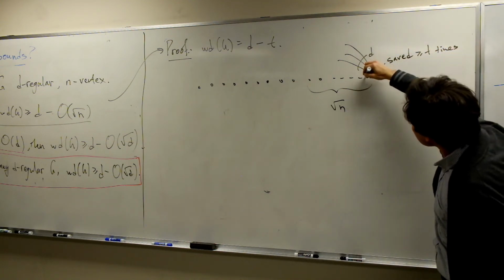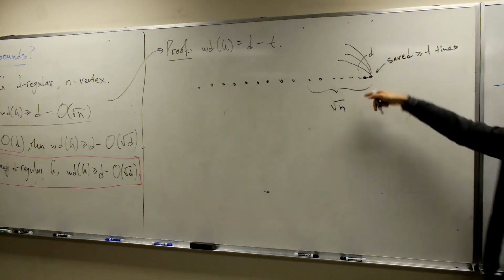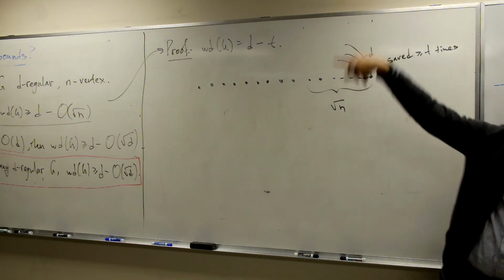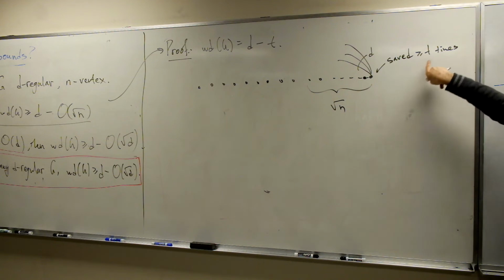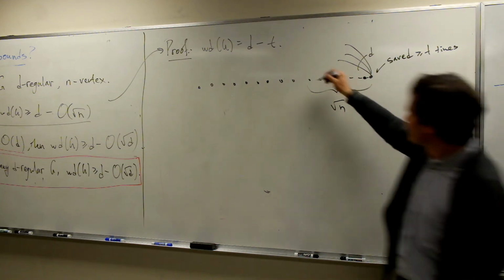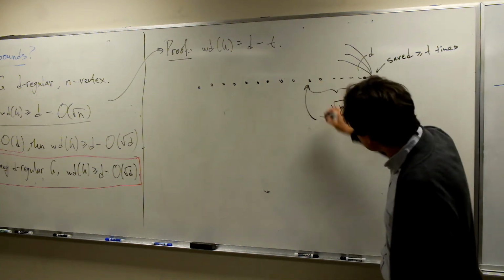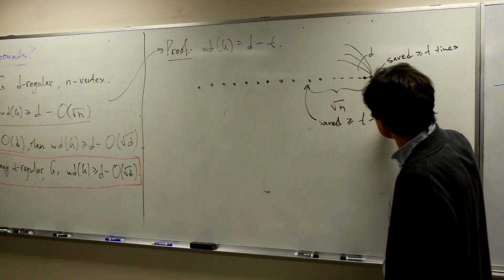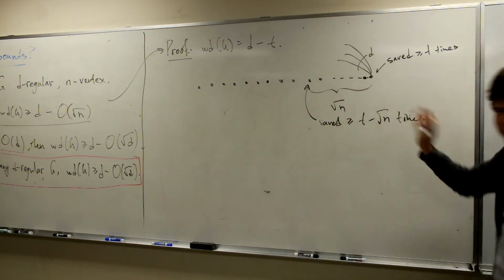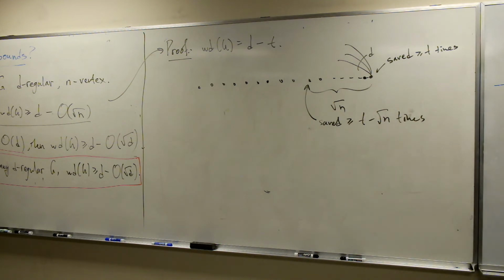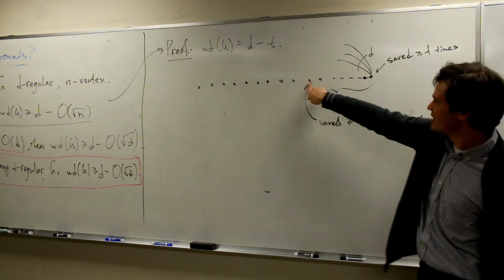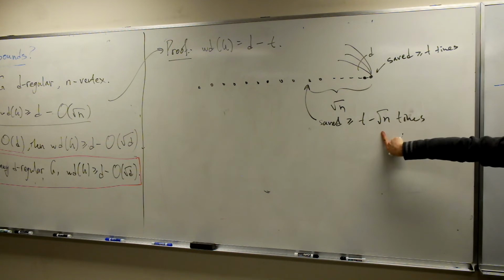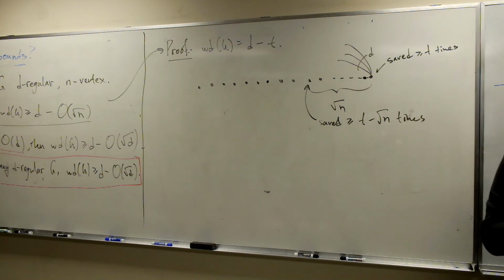And similarly, the penultimate vertex has at least d minus 1 neighbors before it, and so it had to be saved at least t minus 1 times, and so on. This last vertex here has to be saved at least something like t minus root n times. Maybe plus or minus 1, let's ignore this. So each of these has to be saved at least t minus root n times. But on the other hand, every vertex can save only one other vertex.